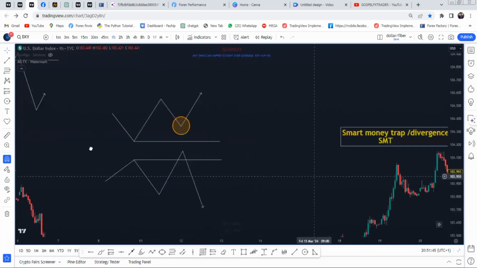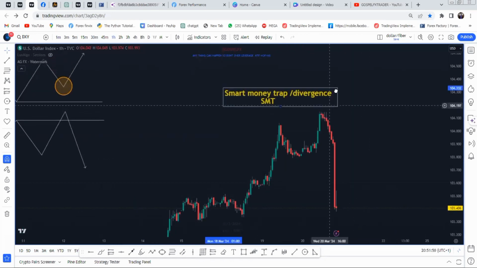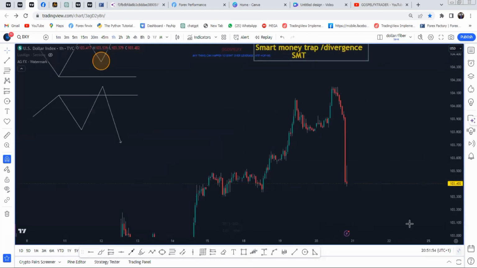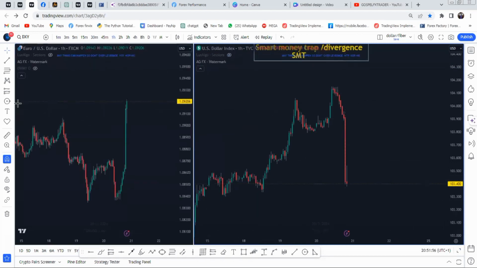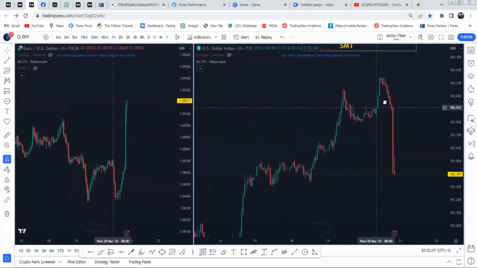And today we have a very beautiful example on the dollar index and Euro USD. Now you can see that the dollar here was in a very nice uptrend, a very nice uptrend, right? Very nice uptrend, and Euro USD was on a good downtrend. Now let me put this.